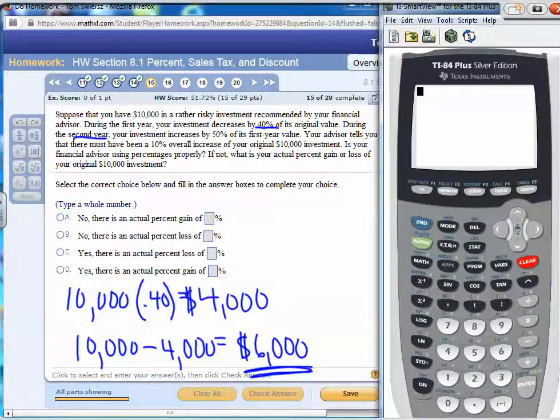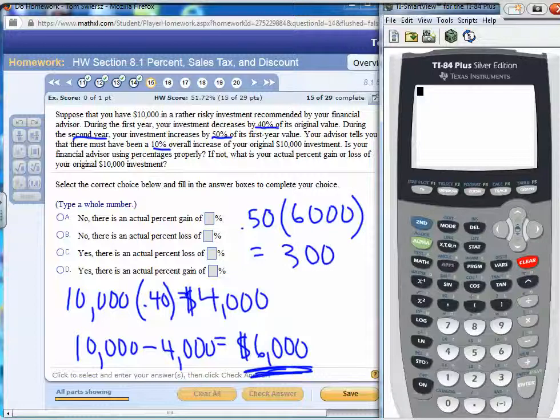During the second year, it increases by 50%. Your advisor tells you that there must be a 10% overall increase. Well, let's see. You take a 50% increase during the second year, but your base was only 6,000, right? You went down to 6,000. So again, if you do the math, 50% of 6,000, half of 6,000 is 3,000.